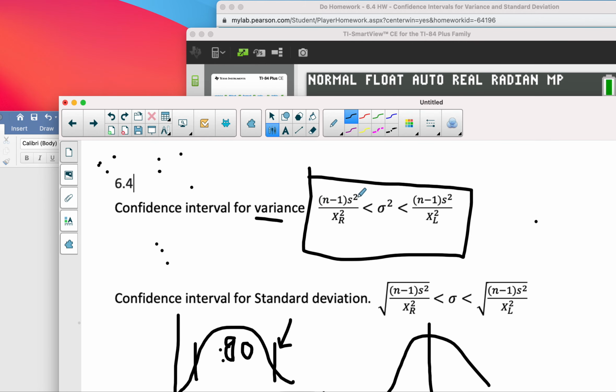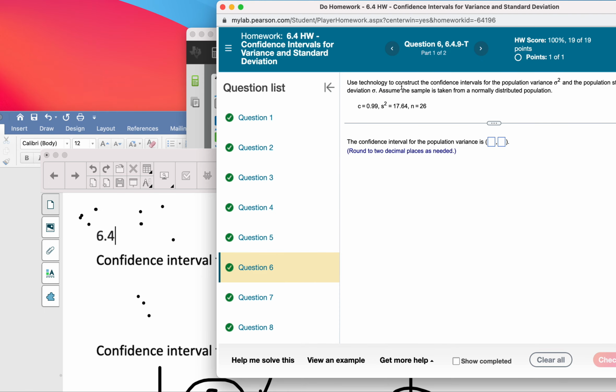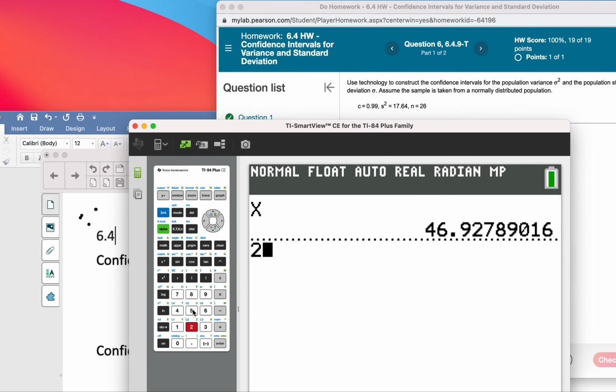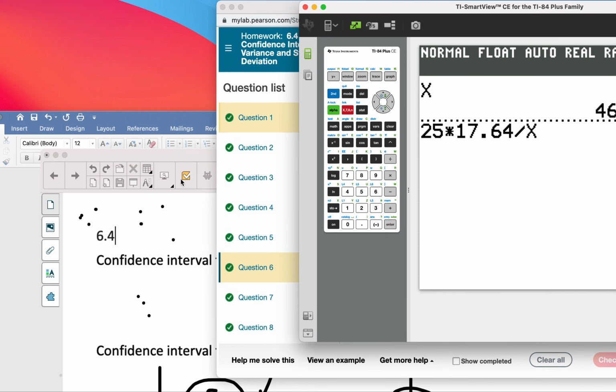N minus 1 times the standard deviation, or excuse me, the variance. N minus 1 is 25 times the variance, 17.64. And then we're going to divide that by x, because that's what the formula is.